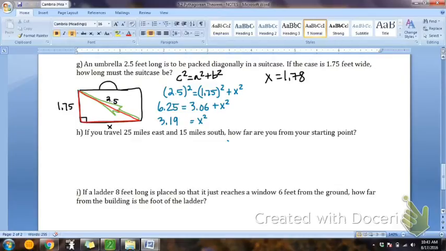Okay, so what's this sentence going to be? Great. Aaliyah, what's the sentence going to be? What are you trying to find? How long the suitcase is, and what answer did we get? So what are you going to say?